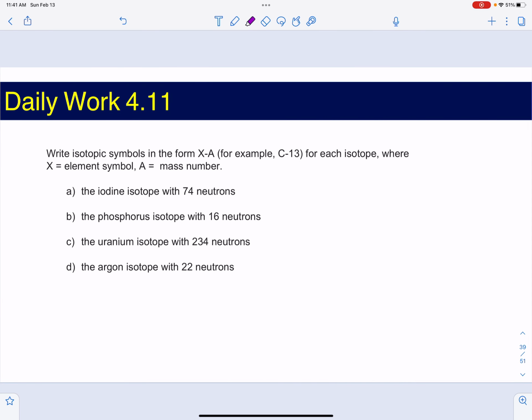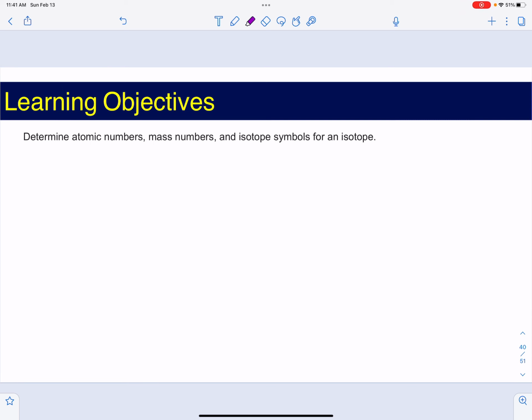And you can do also what I showed you, this format also. And with that, we have covered how to determine the atomic number given the isotopic symbol.